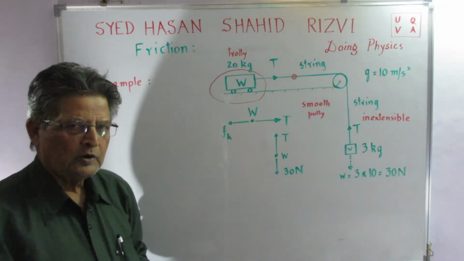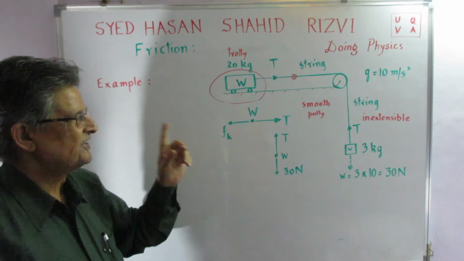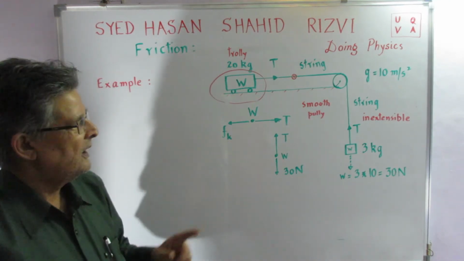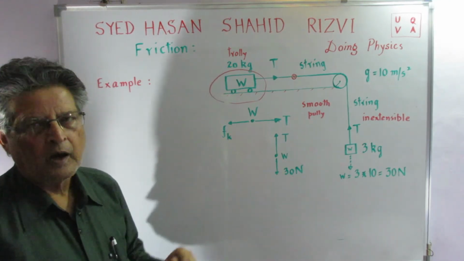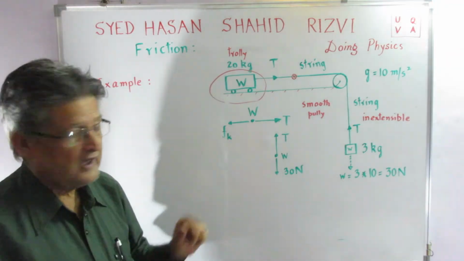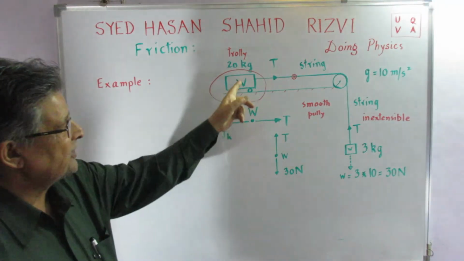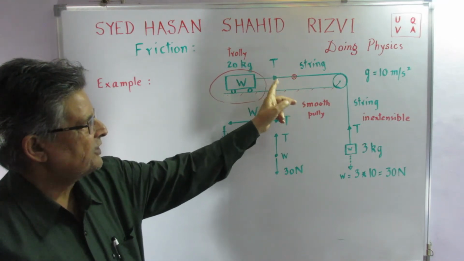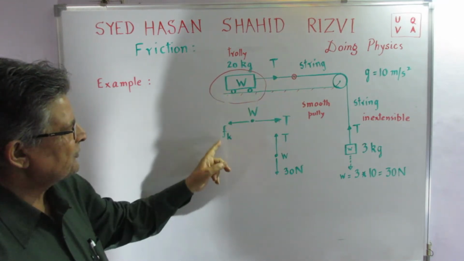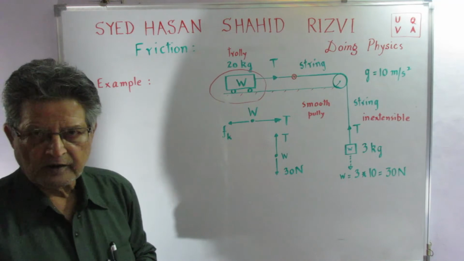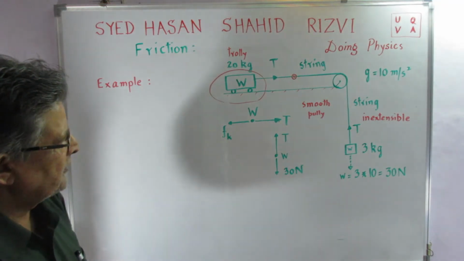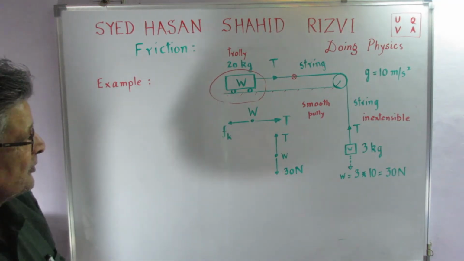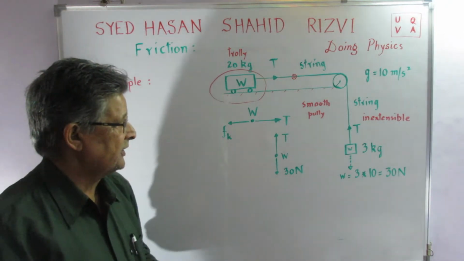And I told you that Newton said that the state of a body is determined by the forces acting on the body. So on this body, how many forces are acting? One is the force of tension of the string, and the other is the force of kinetic friction while it is moving. Because the trolley will be moving, therefore we take the kinetic friction.